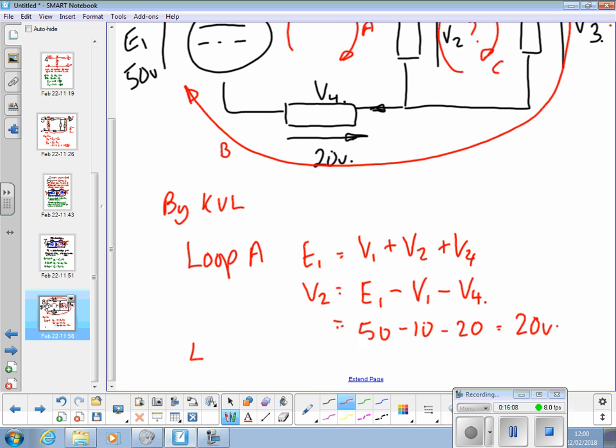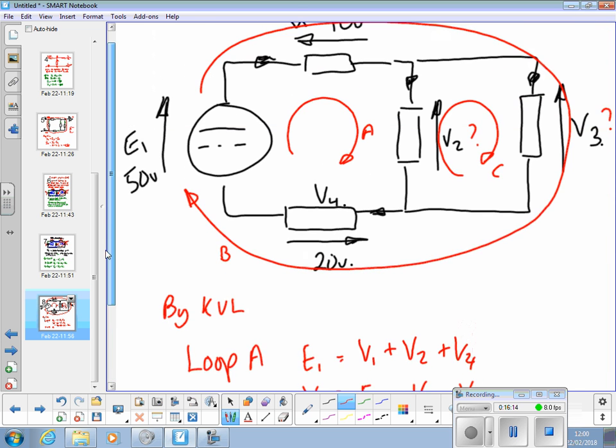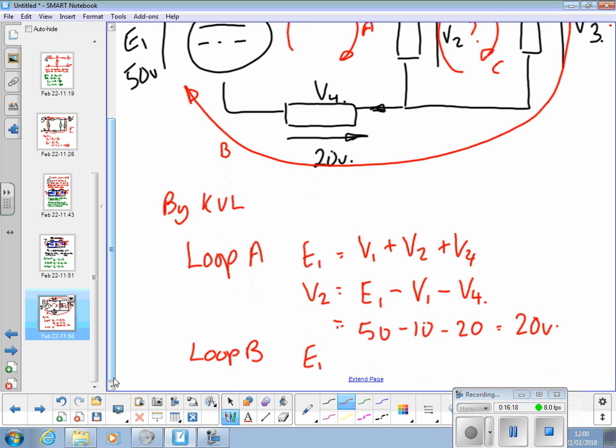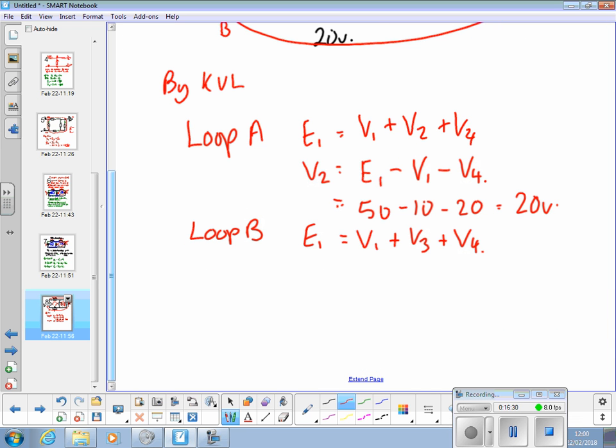Loop B. E1 equals V1 plus V3 plus V4. I heard someone say that's the same. Yes, it is.